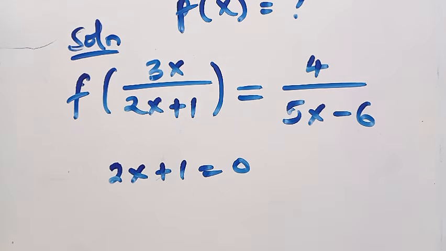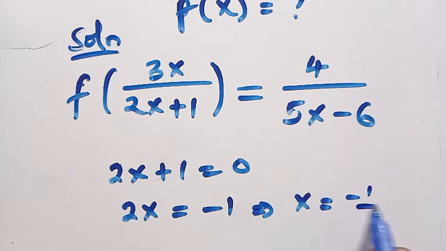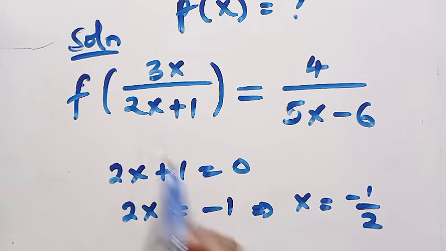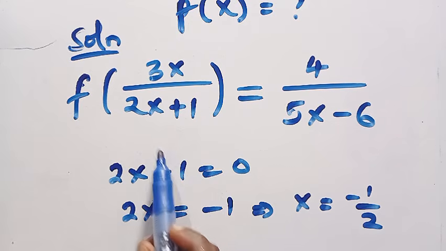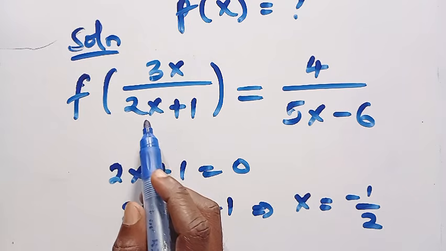Making x the subject, we have 2x equals minus 1, which implies that x equals minus 1 divided by 2. So x equals minus 1 over 2 is not part of the domain.